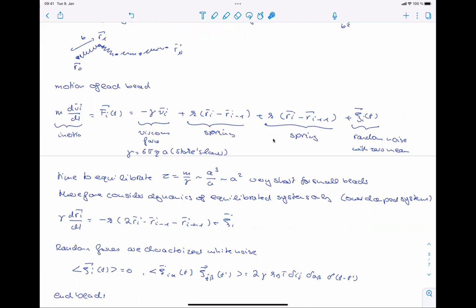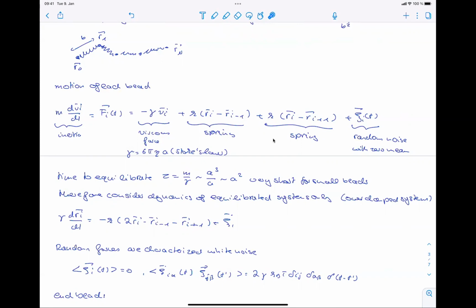Typically, if you measure the dynamics of the polymer, you don't do this in vacuum, but there's some environment around them, which is obviously what we also take into account with the viscous forces. But the problem is that there's actually some kind of hydrodynamic interaction that we didn't take into account here.